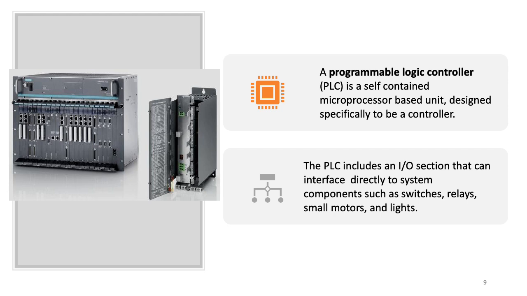A programmable logic controller, PLC, is a self-contained microprocessor-based unit designed specifically to be a controller. The PLC includes an I/O section that can interface directly to such system components as switches, relays, small motors, and lights.